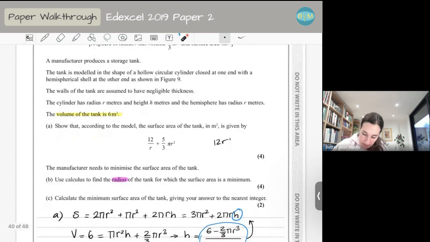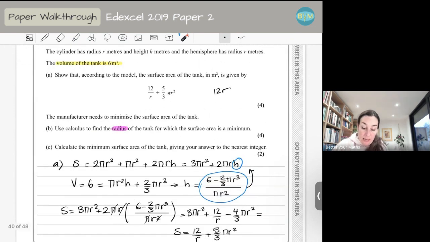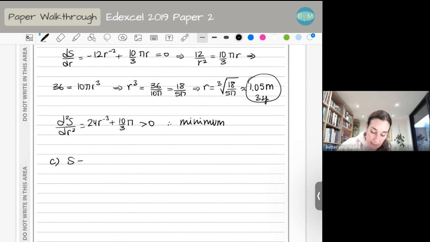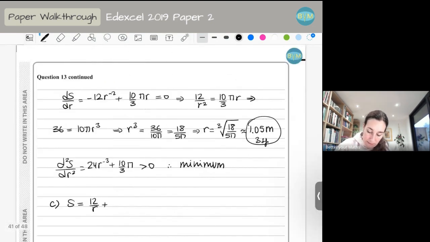And they ask me, use calculus to find the radius of the tank. So I found that. C, calculate the minimum surface area of the tank, giving the answer to the nearest integer. So we have a formula for the surface area. That was the 12 over r plus 5/3 pi r squared.